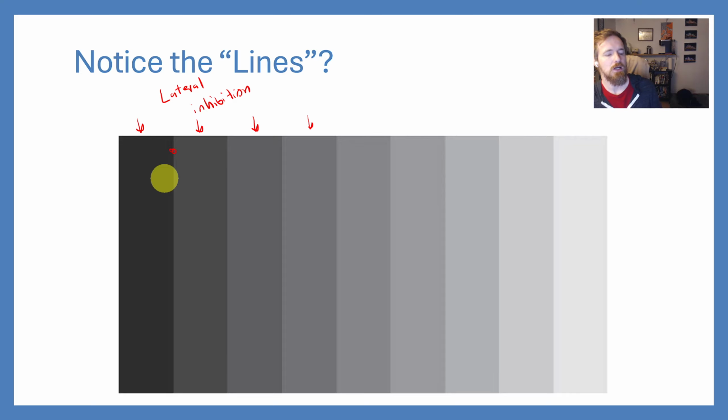This is how our visual system is able to put together lines and edges and contours: by listening to all these cells, which ones are firing and which ones are firing less frequently, and then extracting some kind of meaningful interpretation of that. So that's why it looks like we have lines here when in fact there aren't actually any lines present. It is because some of those nearby neurons are excited and the ones right next to them are inhibited.